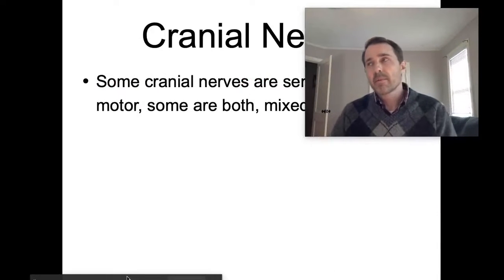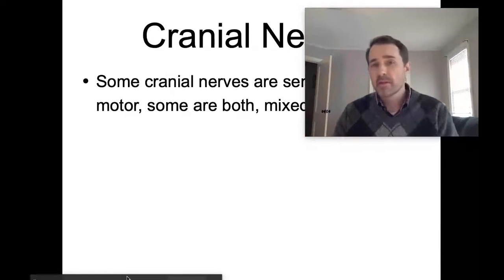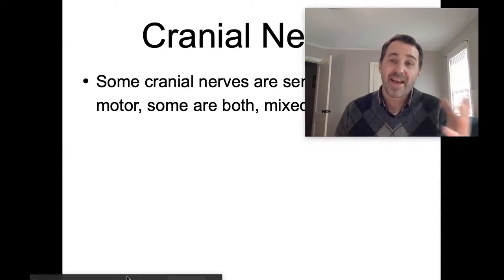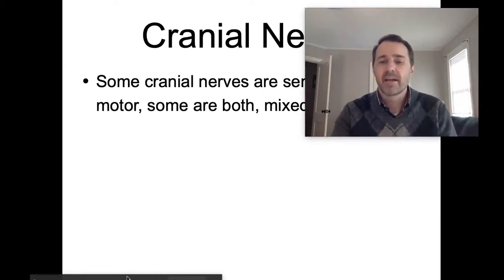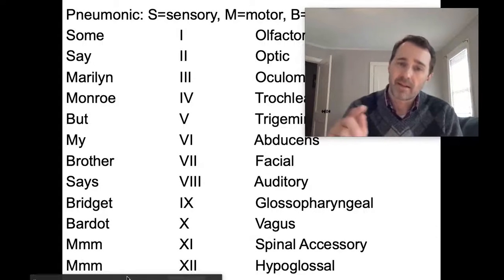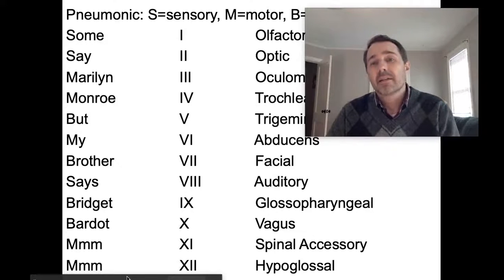So some of the cranial nerves are motor in nature, meaning efferent only. Some of the cranial nerves are sensory in nature, meaning afferent only. And some have both an efferent and an afferent function. The mnemonic that allows you to remember which is which, this is the most traditional one.